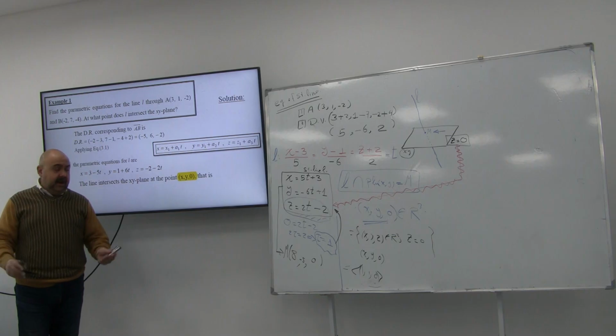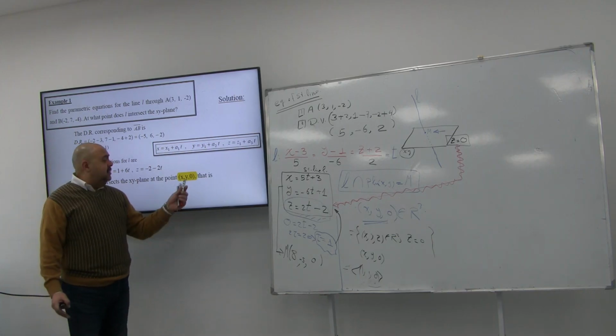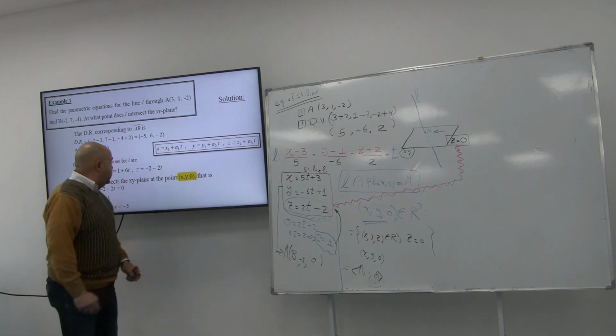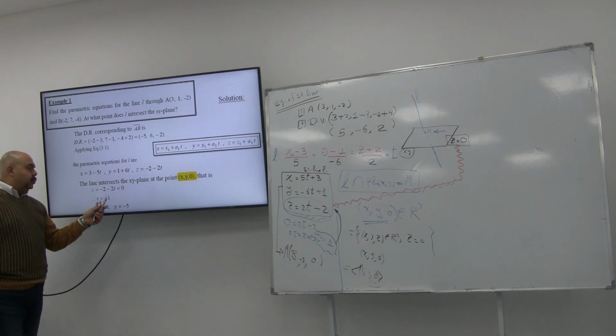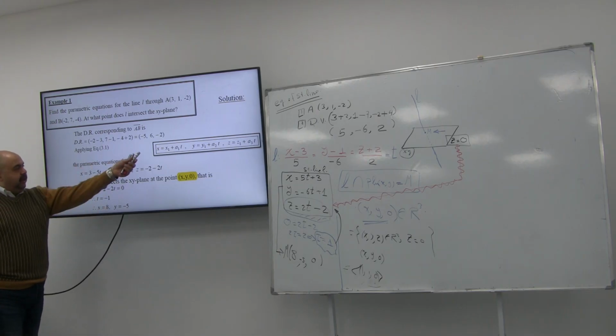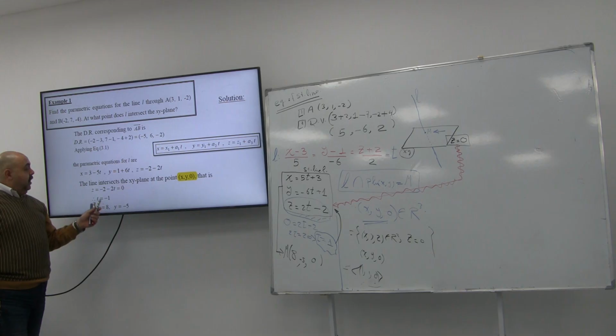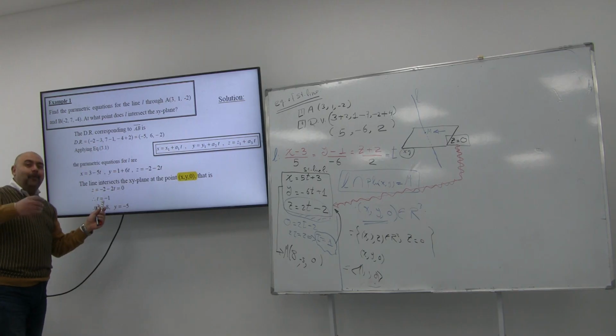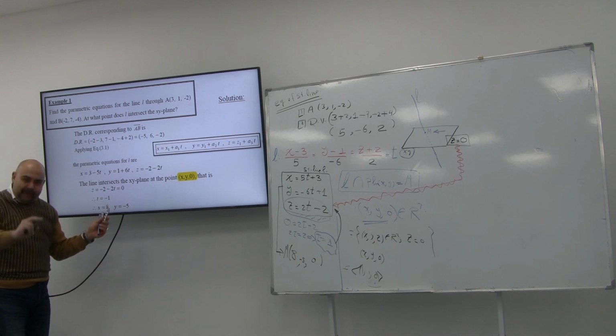Once more, the line intersects the XY plane, which is a subvector space of R3 with the condition that Z equals 0. Simply, I get back to the parametric equation of this straight line, insert Z equal to 0, and get t equal to negative 1. It depends on the specific equation that you form.